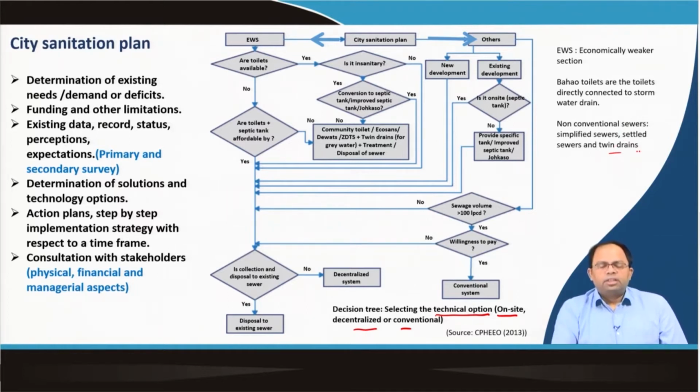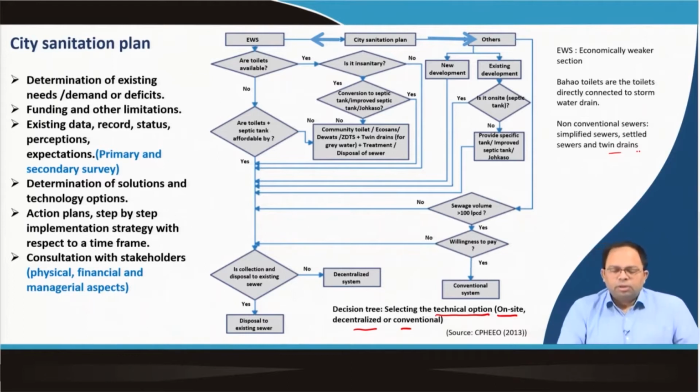But let us look into this particular decision tree or flow chart, where you can see that we have the city sanitation plan. So, is it for EWS, poor people, or is it for other groups? This is the first decision. If it is for EWS, we check, are toilets available? If no, are toilets plus septic tank affordable by these users? Yes.